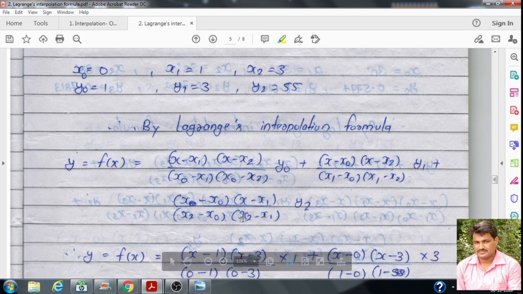Plus, in the same way we develop term 3. In the numerator we skip x minus x2, in the denominator we replace x by x2, and multiply by y2.